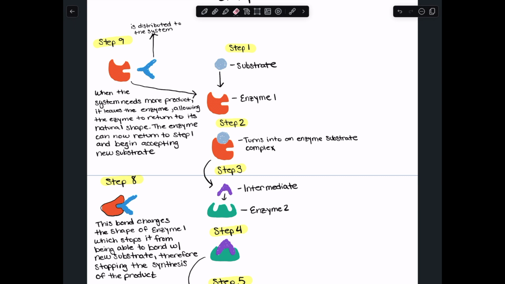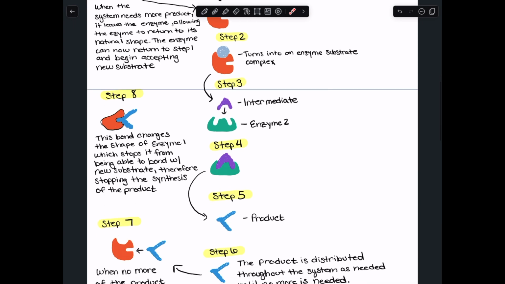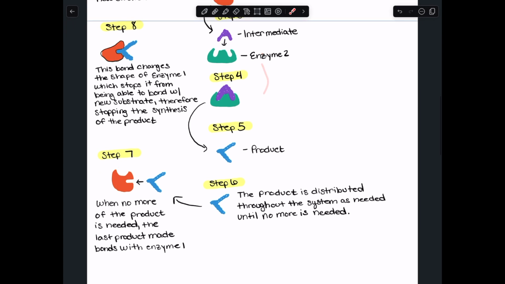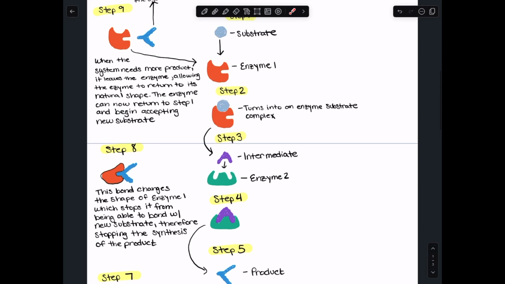The enzyme can now return to step 1 and begin accepting new substrate. So we see here, it's back in its original shape and can begin the whole process over and over and over again until our body no longer needs this product any longer. And then we return to step 7, where it bonds with enzyme 1.